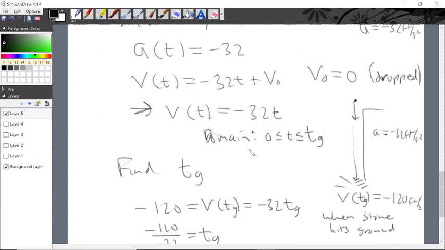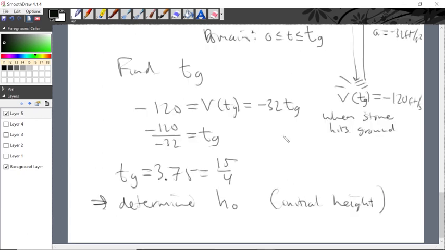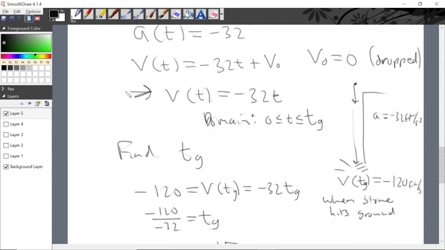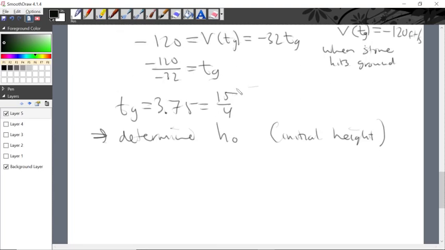Take a look at the drawing. The height of the cliff is associated with the initial height of the stone. So let's determine what that initial height is by creating a height function. We take our general velocity function, v of t equals negative 32t, and we'll come back to the time when it hit the ground. V of t is equal to negative 32t for any value of t within the time interval that it's falling.